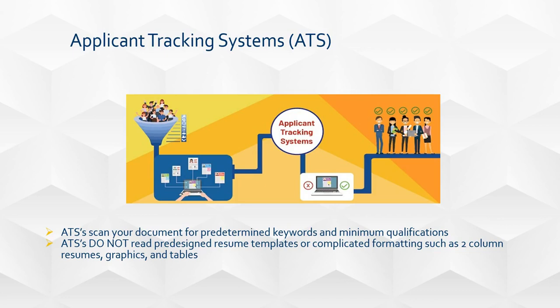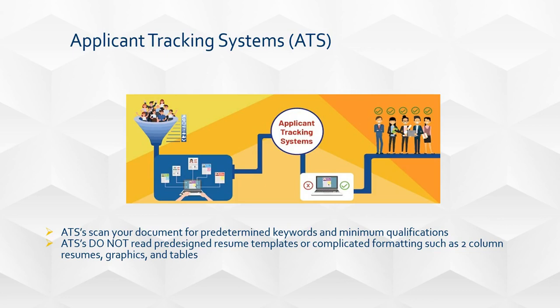What happens with these systems is that they are a huge time saver for companies. So they're used in about 90 to 95% of businesses, large to small, government, nonprofit, public, etc. Everyone is using these systems because they can get through resumes much faster than one human being can.